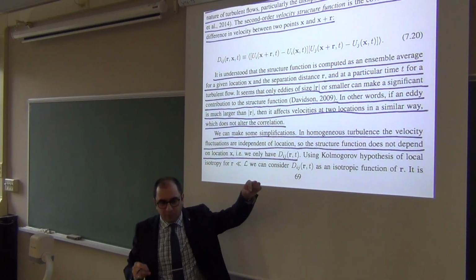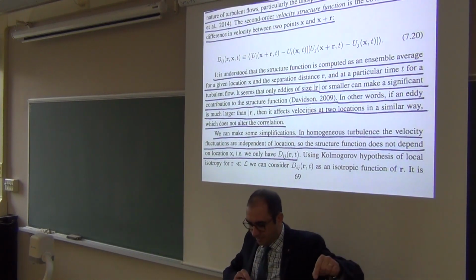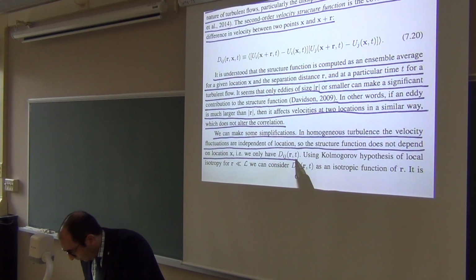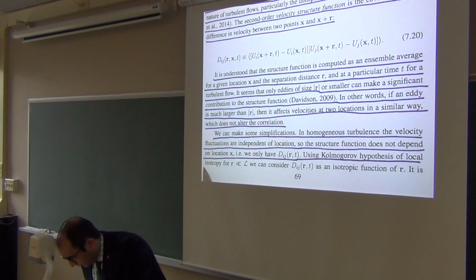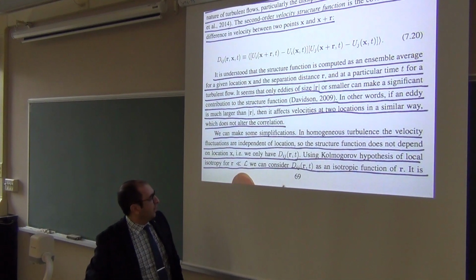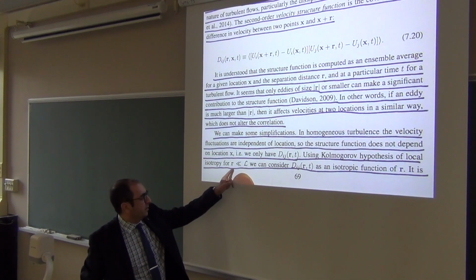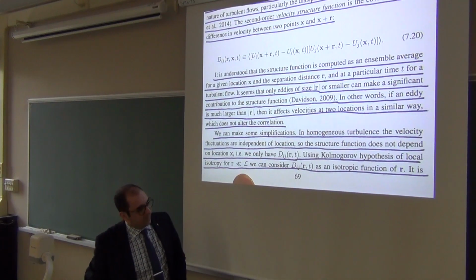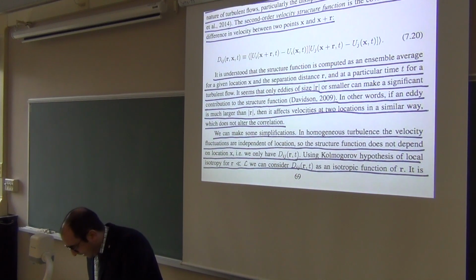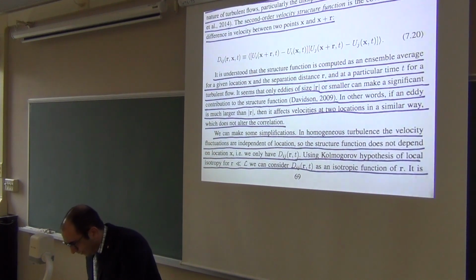It shouldn't matter where I position the two sensors. Here, here, here, here. Also using Kolmogorov's hypothesis of local isotropy, if the eddies are small, or if r is significantly less than the energy containing range, then I can remove capital R and replace it with lowercase r. Okay?